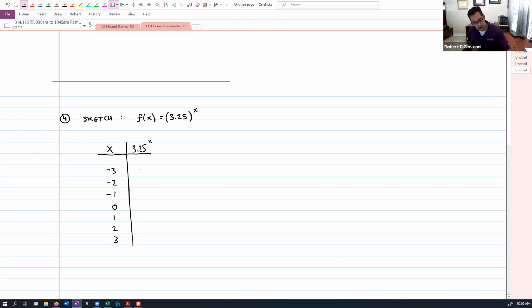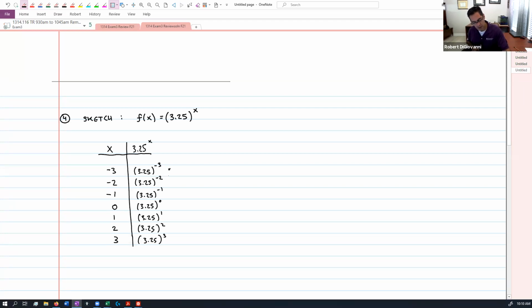And so we're going to get on our calculator and we're going to go 3.25 raised to the -3, 3.25 to the -2, 3.25 to the -1, 3.25 to the 0, 3.25 to the 1, 3.25 squared, 3.25 cubed.